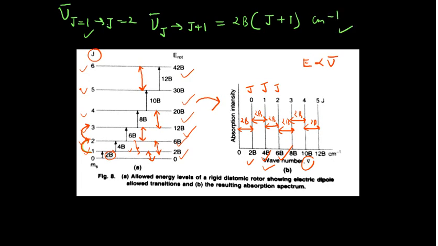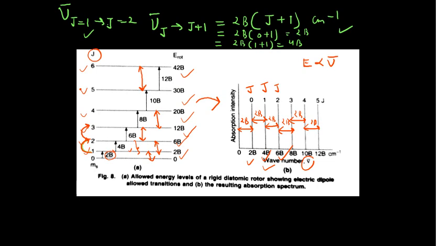Now you can put all the values here. If you put 0 here, then it would be 2B: you are putting 0 plus 1, and of course that gives you 2B. If you put 1 here, then 1 plus 1 is 2, 2 twos are 4, so it is 4B.